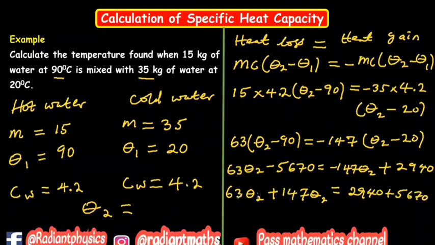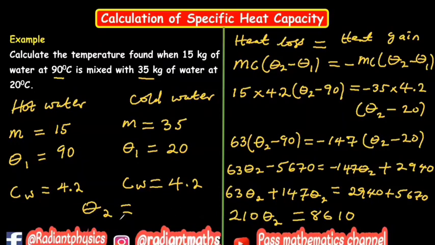So 63 theta plus 147, we should have 210 theta, equal to this plus this. What are we having? We should be having 8,610. Is this correct? Yes, 8,610.